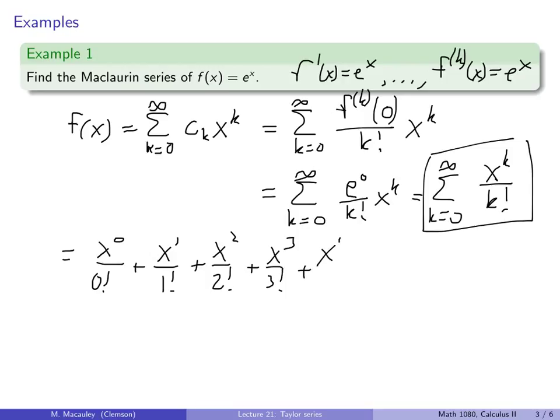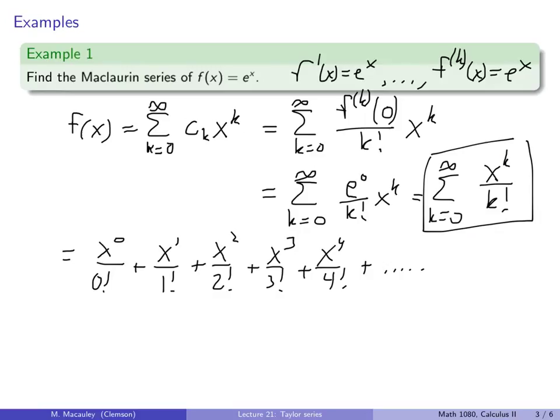And you see where this is going. Sometimes it helps to write out the first 5 terms or so in a series, because this is a nice compact notation, but often you don't quite see it in the same way as when you see it written out like this. Okay, so the key point here is that this infinite series is e to the x.